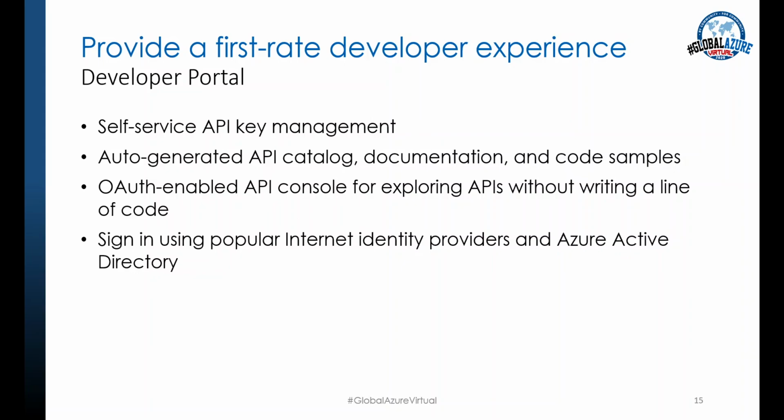You automatically provide an auto-generated API catalog and documentation along with code samples. You can OAuth enable your API console for exploring APIs without writing a single line of code. You can also provide a different authentication mechanism, so you can use any of the OAuth identity providers or Azure Active Directory.